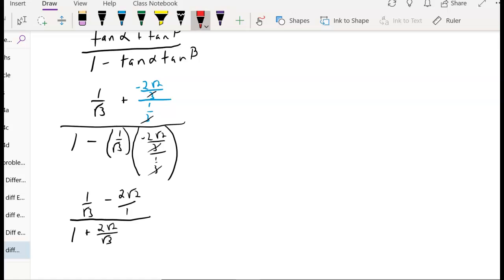We still need to get a common denominator for each numerator and denominator. So it's going to be rad 3 for both. So this is going to be times rad 3 over itself, and this one over here will be times rad 3 over itself.